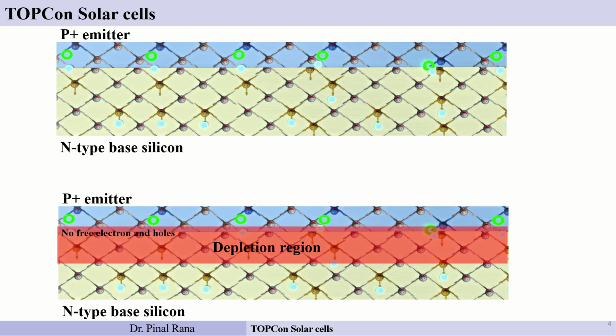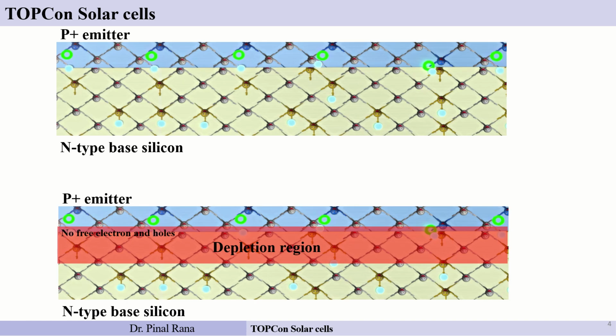Now, in order to reduce this dangling bond, we are depositing different types of dopant based on the type of silicon. Here we are going to discuss only the TOPCon solar cell. For TOPCon solar cell, generally N type silicon is used. Why are we using N type silicon for TOPCon and P type silicon for the PERC solar cell?